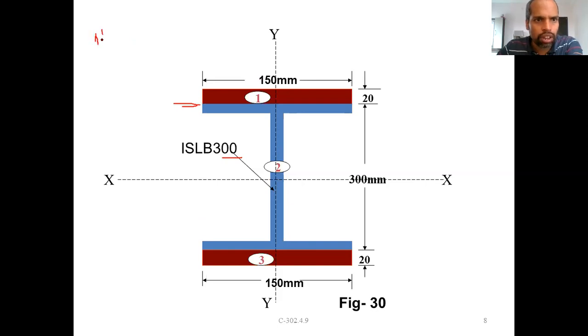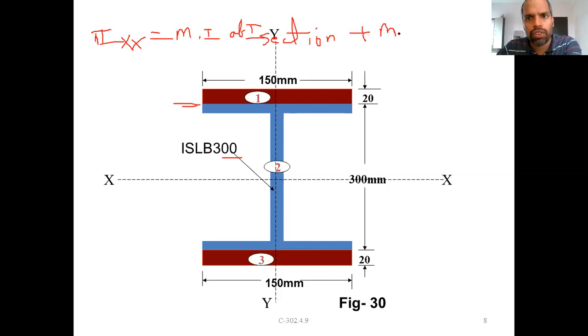Moment of inertia of your built-up section Ix is equal to the moment of inertia of the I section as a single section, plus the moment of inertia of plates about the centroidal x-axis.